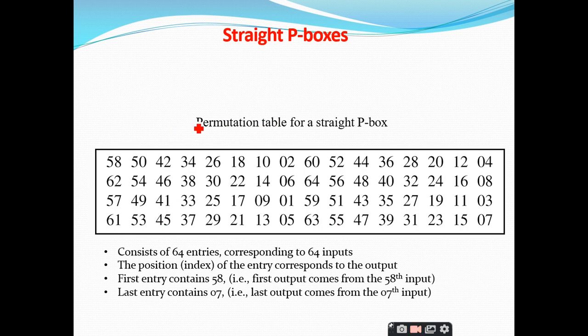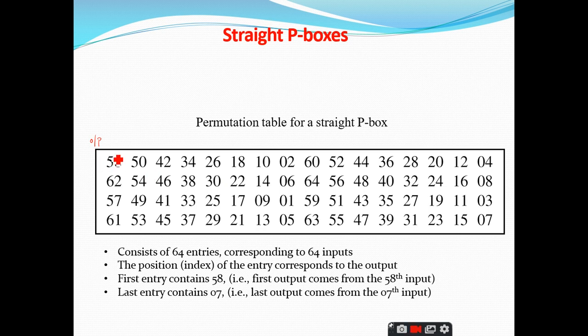So this is an example of the permutation table for a straight P box, which we have discussed in the earlier session, right? So what is this table? Is it the output or the input we have to consider? Output. Super, right? So we are going to take this as the output.